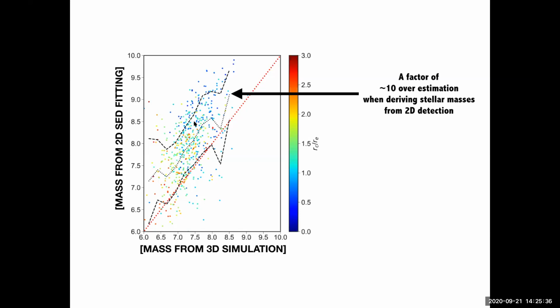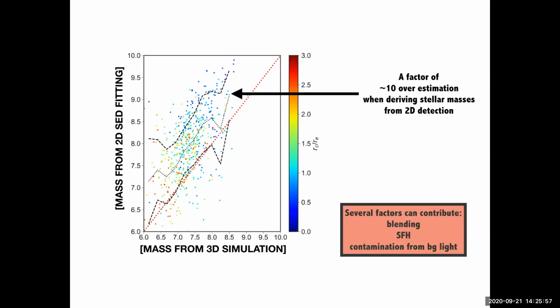This points to a problem where, because of limited resolution in the HST imaging, when you measure the flux of the clump you might get some contamination from the background emission of the galaxy. Even if you subtract it, some contamination remains, which creates this overestimation of the mass. There are other effects, like blending of clumps. Because of the resolution, when you detect a clump, it is in fact a mixture of different clumps. This also contributes to the effect. We checked that.